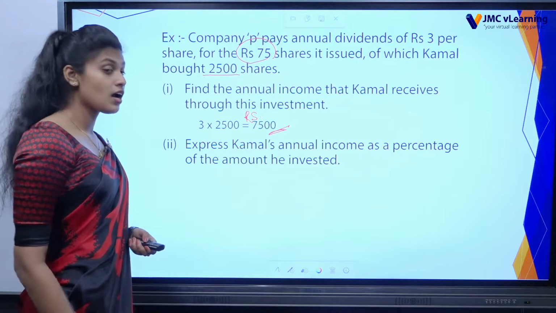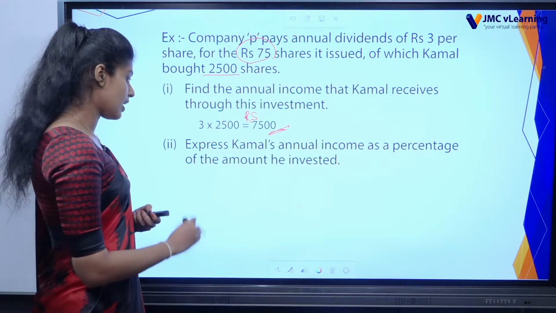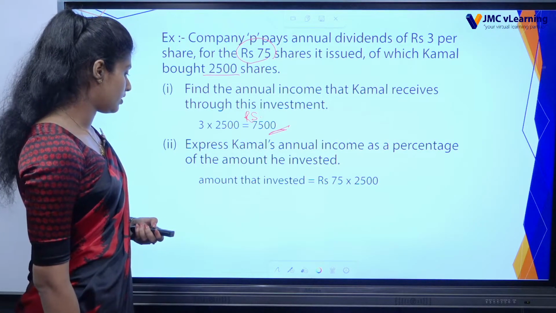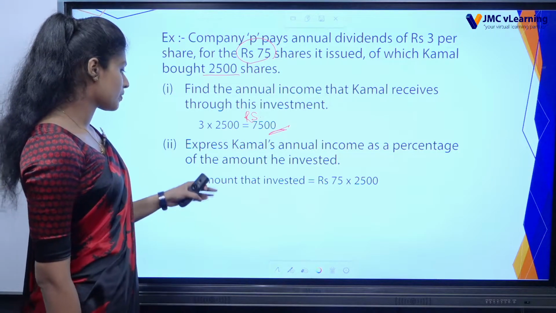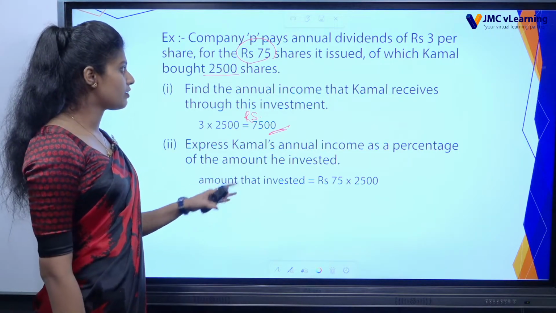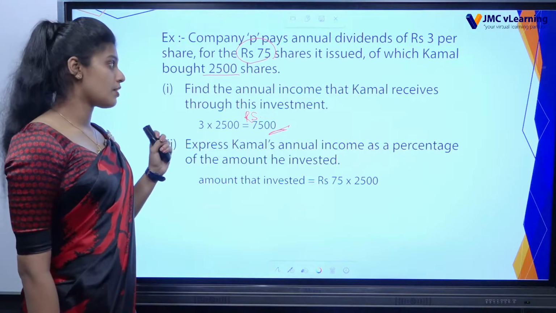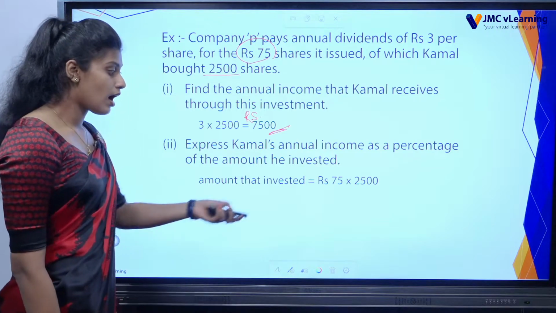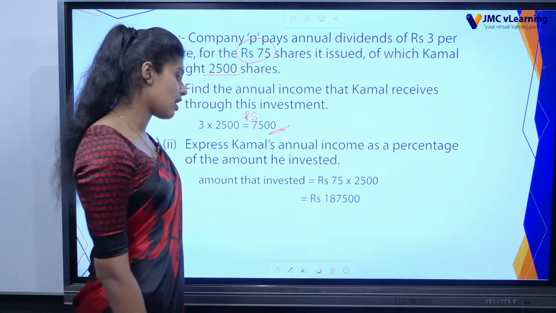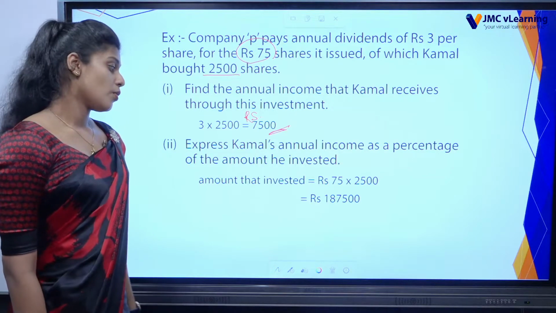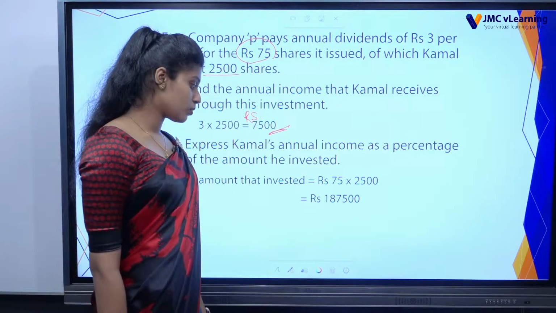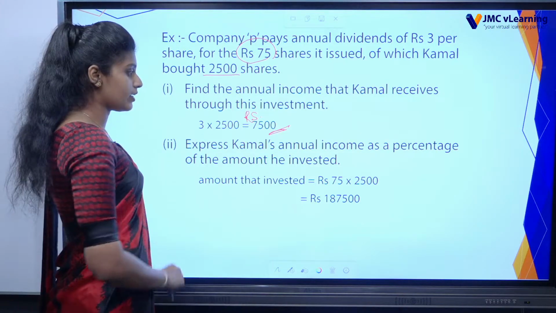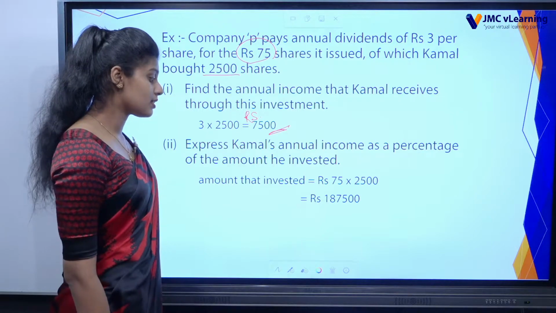First you have to find how much money Kamal has invested in the company. To find that, you have to multiply these two: 75 multiplied by 2500. After multiplying, the answer is 1,87,500.